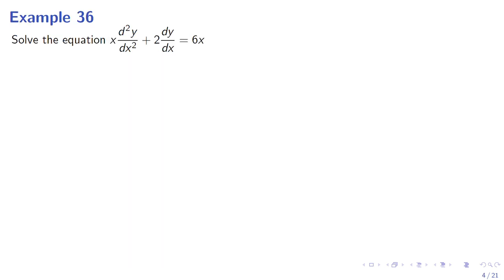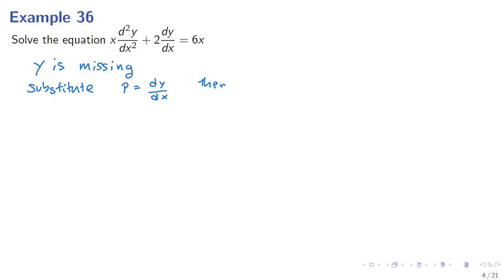Okay, so here's an example for that. I'll go through it really quickly, or I will just show you the first few steps of doing it. Let's look at it. We have x, dy on dx, and d2y on dx squared. So y is missing in this case. Therefore, let's substitute p for the first derivative of y.